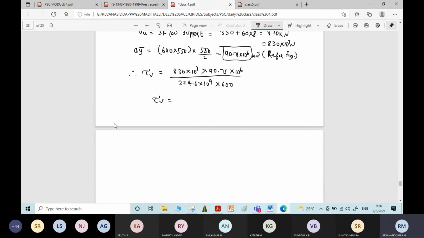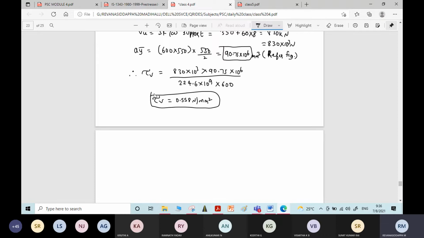How much shear stress? 0.558 Newton per mm square.